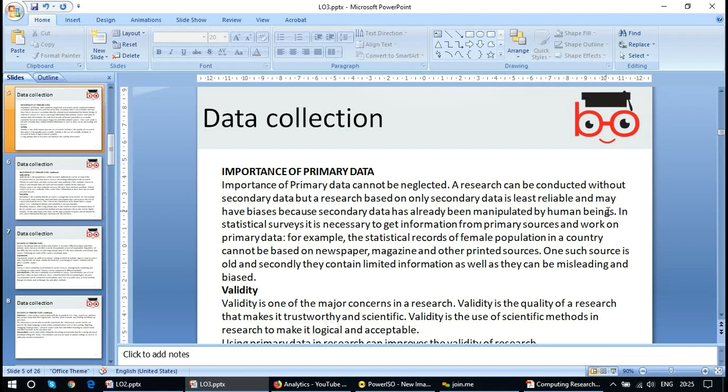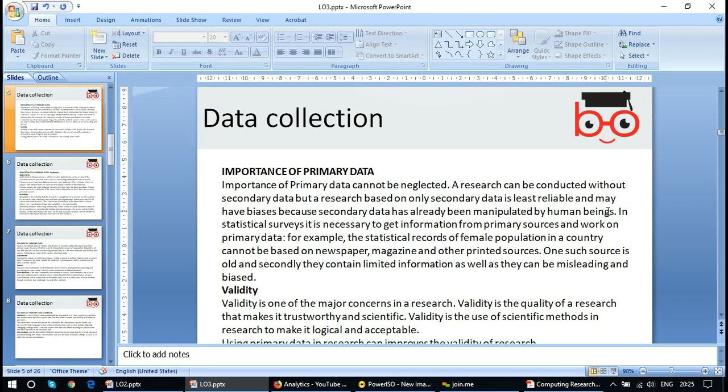So it is always advised that you should have primary data. In statistical surveys, it is necessary to get information from primary sources and work on the primary data.